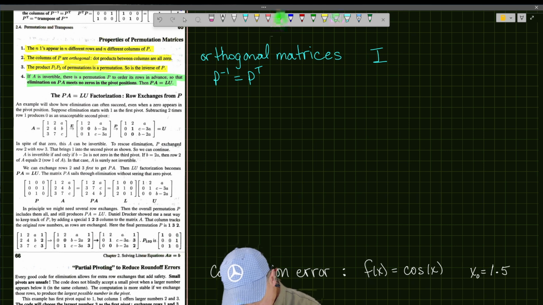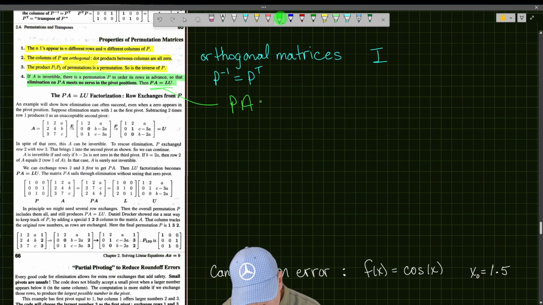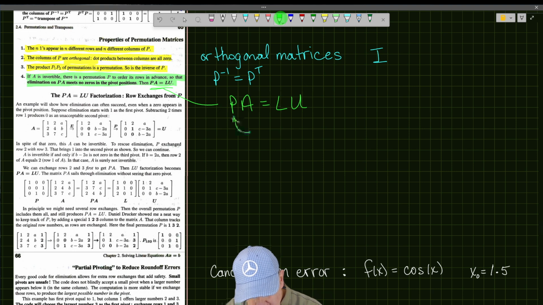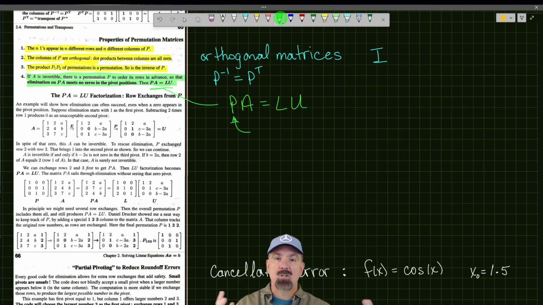So what we are able to do is take PA equals LU, and let me orient you. The P matrix is the permutation matrix. It contains all the permutations that were necessary for us to be able to complete our Gaussian elimination and come up with the LU decomposition.